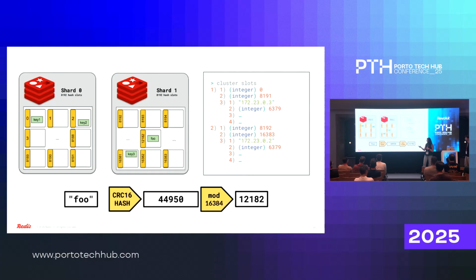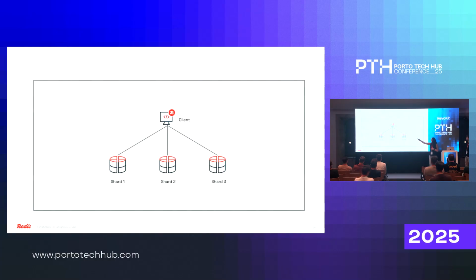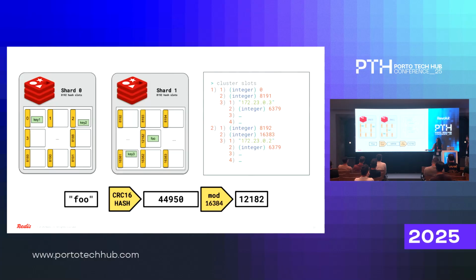How do I get from the hash slot number to the address of the shard? The cluster library can issue the cluster slots command every time it starts, every time you initialize it. You give it the address of at least one of the Redis instances. It's going to ask it, hey, discover all the other shards for me. It's going to get that and store it locally, a little cache.